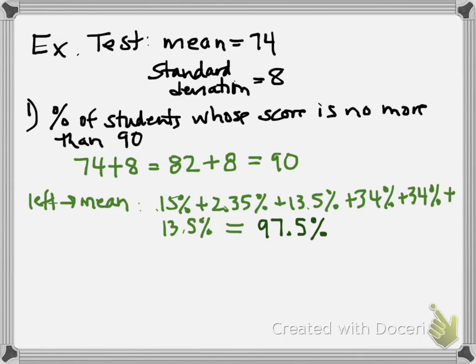Add those together, subtract them from 100, bam, I've got my answer, right? So that would be a different way of finding that answer. Okay, let's try a different question.